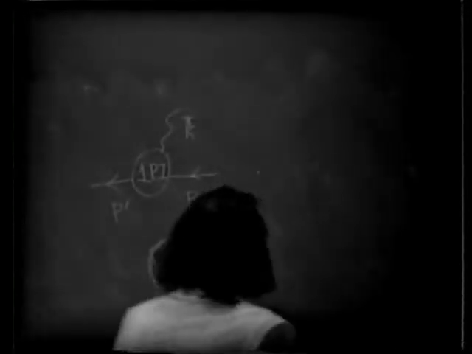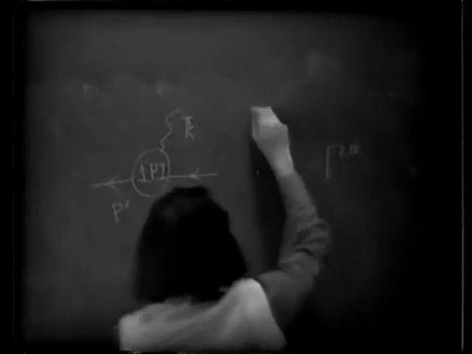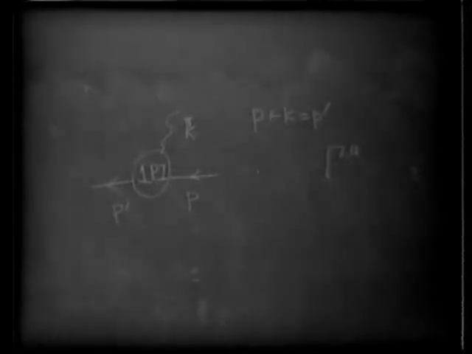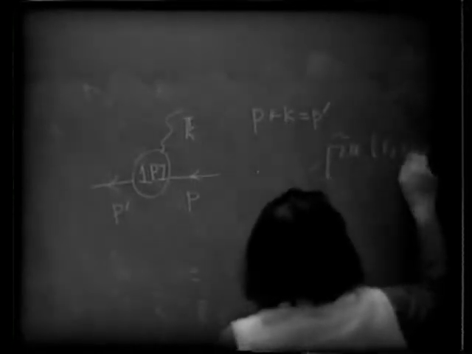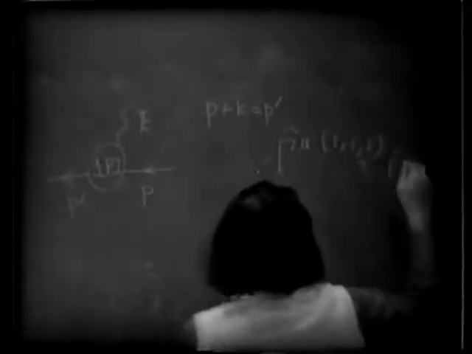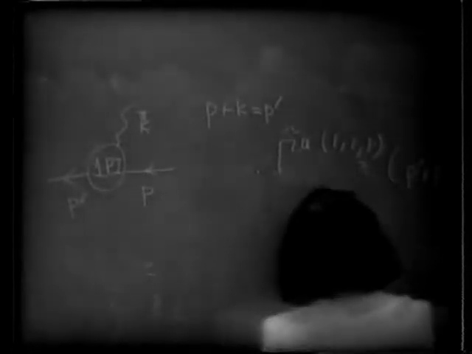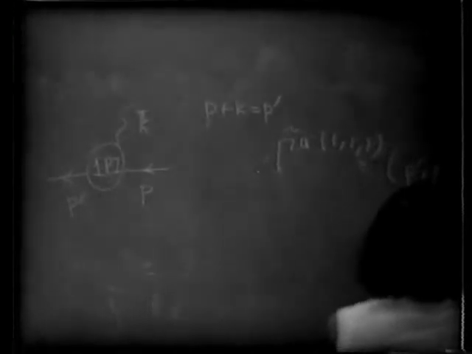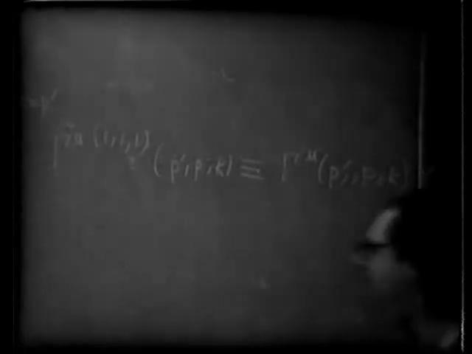And instead of all going in like in the general thing, I'll write this object such that p plus k equals p prime. So p prime goes out while p and k go in. I'll call it gamma mu twiddle, just to keep from 1, 1, 1, of p prime, p, and k. I'm getting tired of writing those 1, 1, 1s, so I'll just write it as gamma mu of p prime, p, and k, dropping some symbols. You can remember they're there for the rest of the discussion.